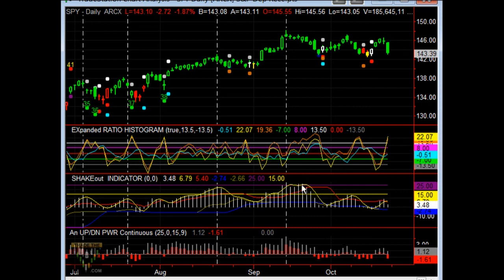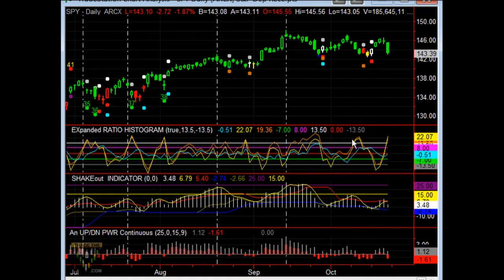We can also use divergences within these setups, because this is where we were pointing out here as we were approaching what some people were referring to as a double top. But even before it reached a double top, when we were buying down here, we knew it was going to be short-lived because our histogram was so much lower than the previous high. And when it ceased to make additional highs, we were already out.